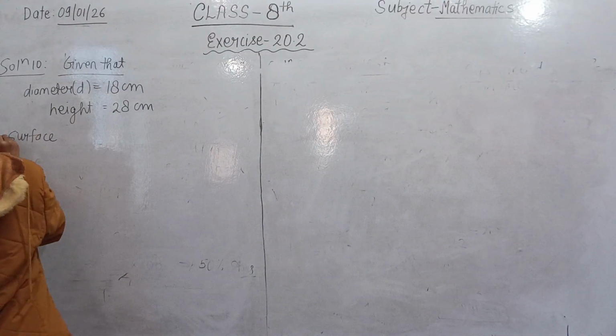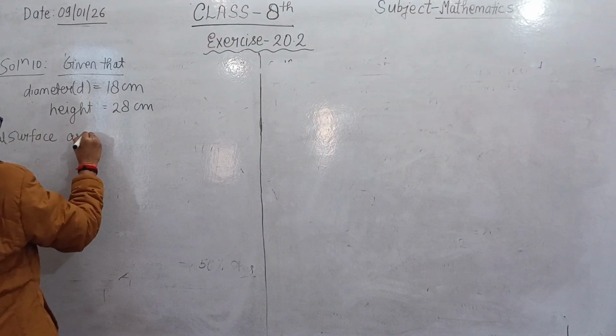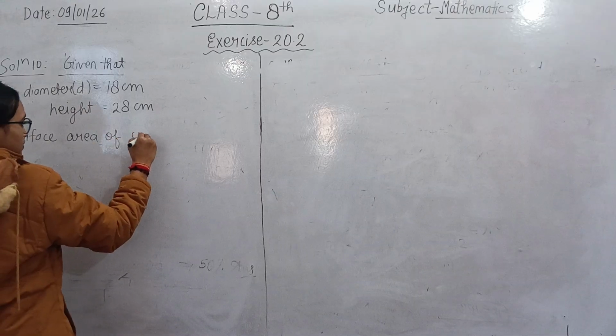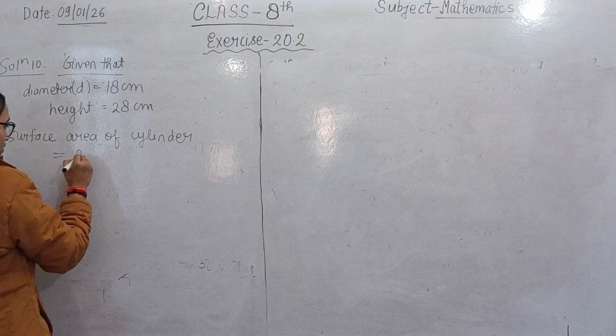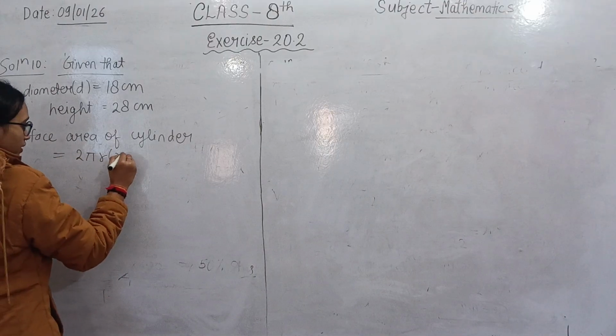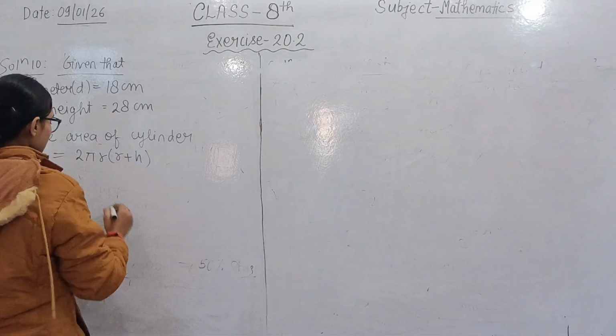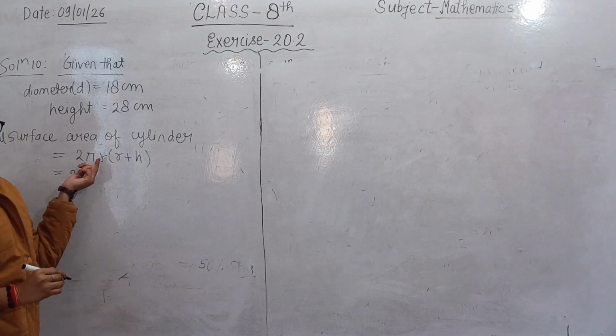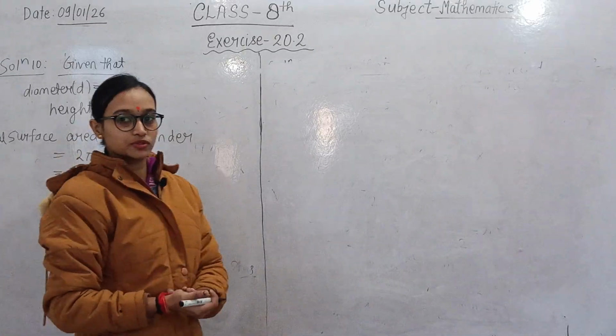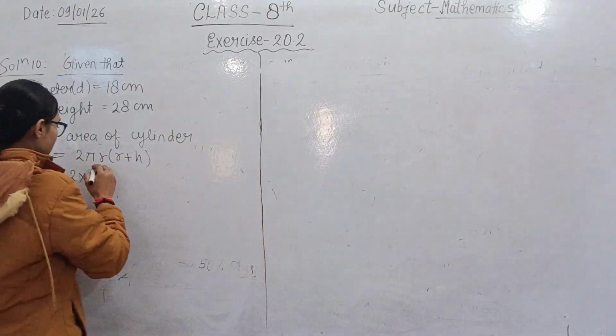So total surface area of cylinder is given as 2 pi r in bracket r plus h. In this question, it is clearly mentioned that we have to use 3.142 in place of pi.